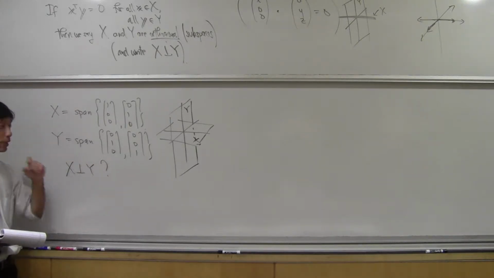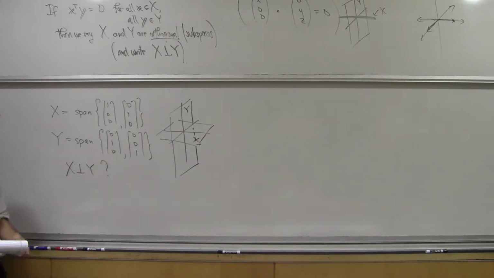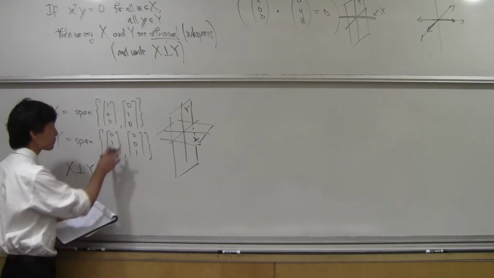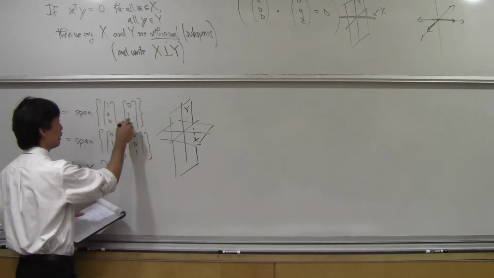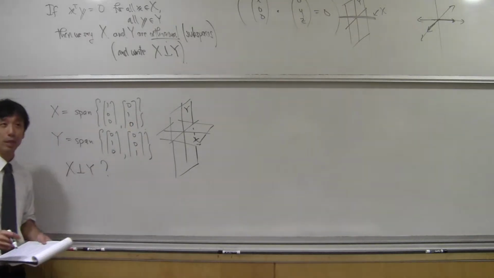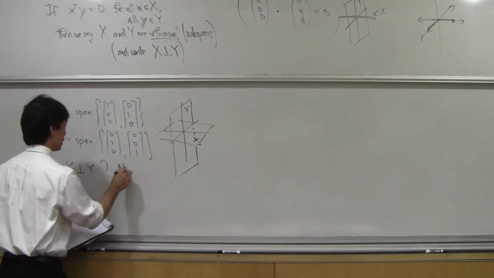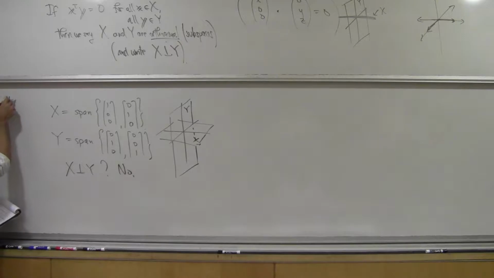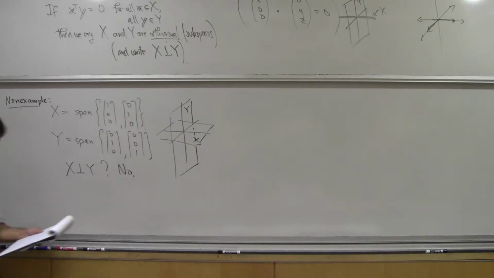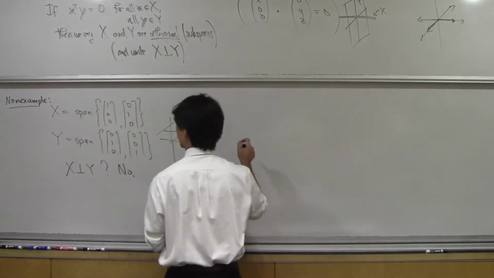You're not perpendicular to yourself unless you're the zero vector. (0, 1, 0) dotted against (0, 1, 0) is 1. So the answer is no, this is a non-example.